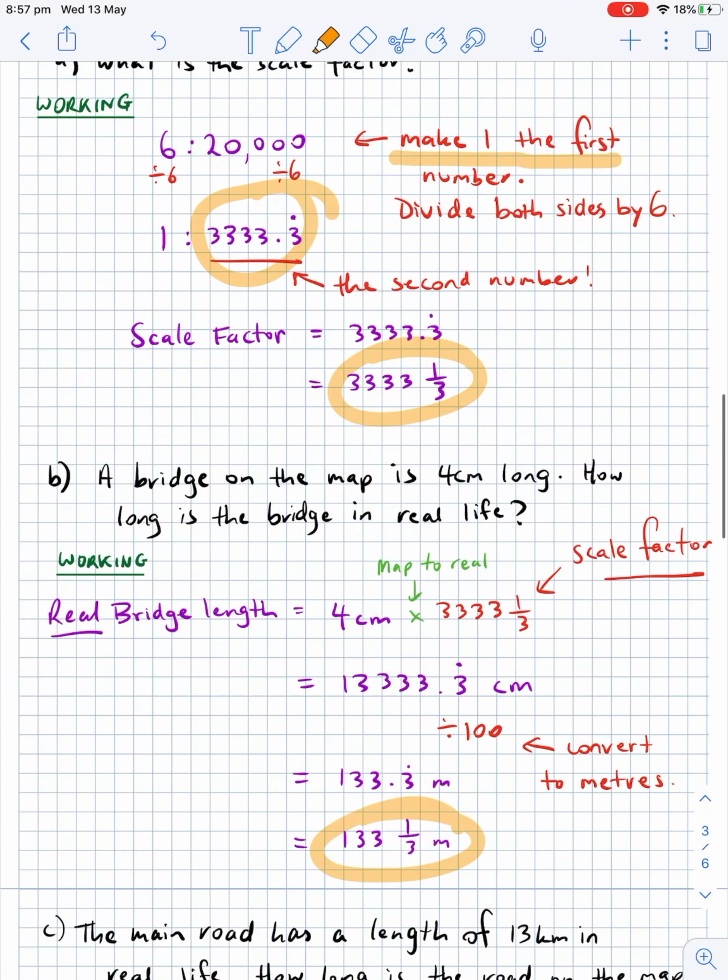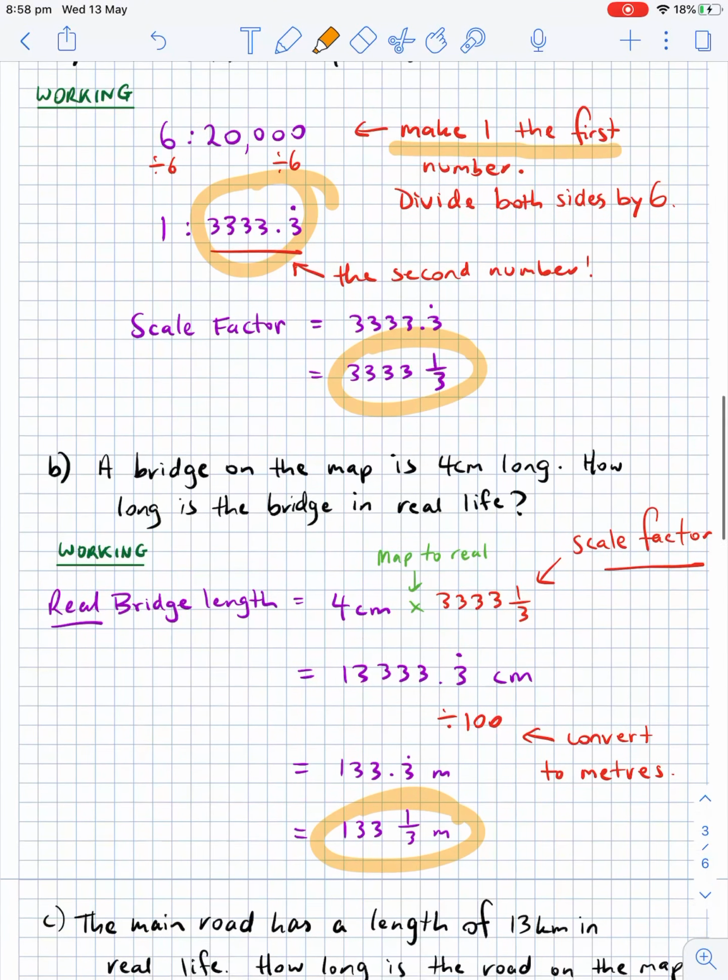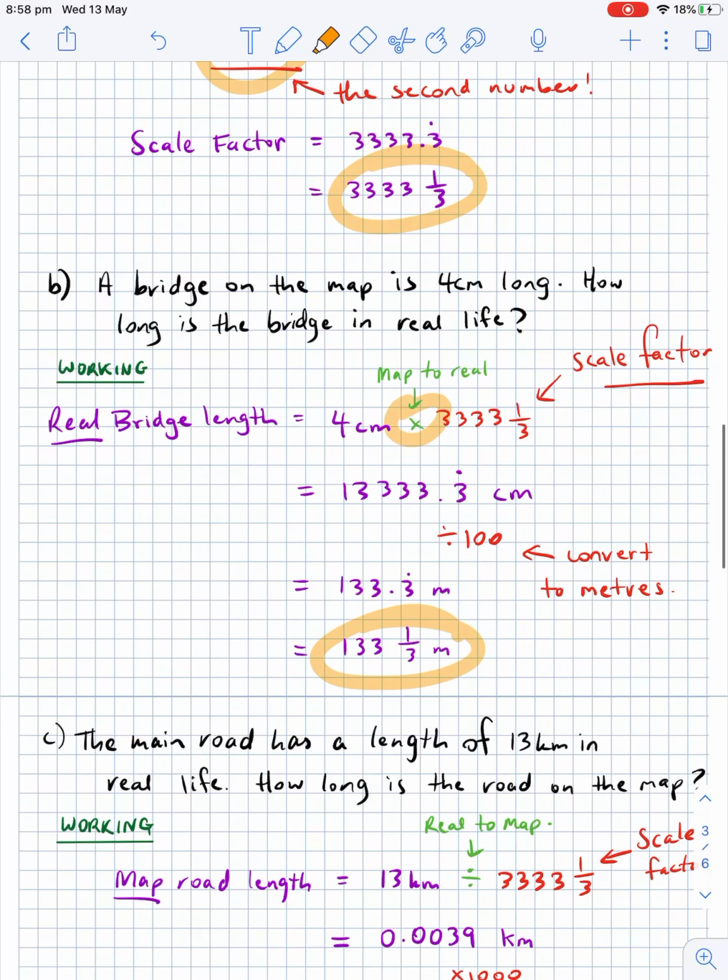So we take our 4 centimetres on our map and we multiply by the scale factor of 3333 and a third. We do that in our calculator, we get this, and that's in centimetres. The reason it's in centimetres is because our length here is in centimetres, so the units will not change when you do your scale factor conversion.